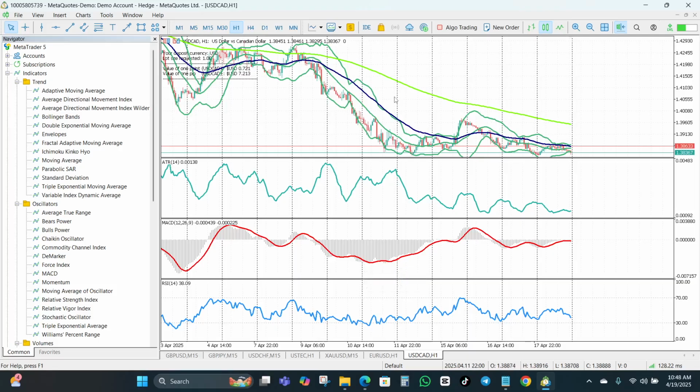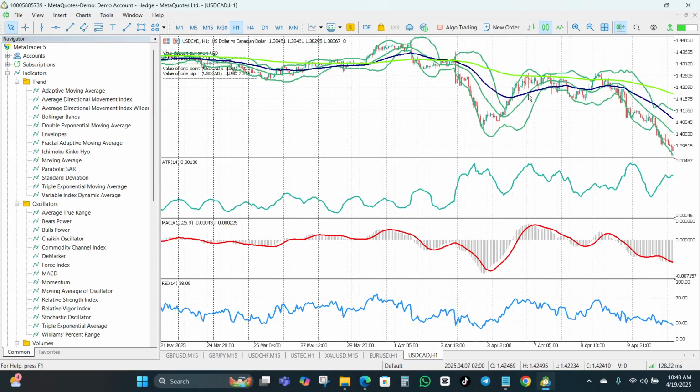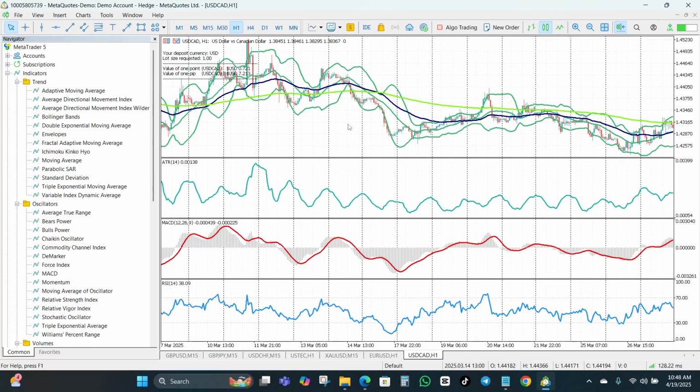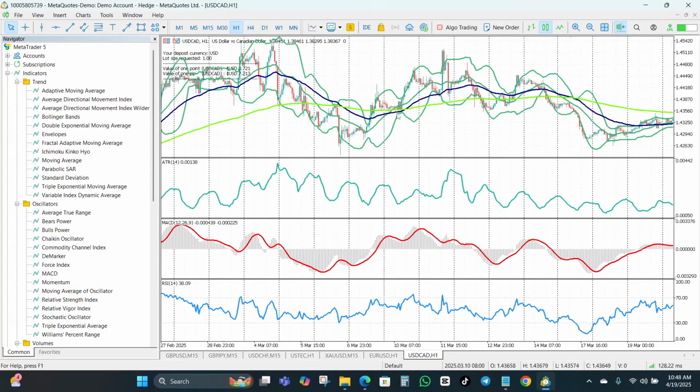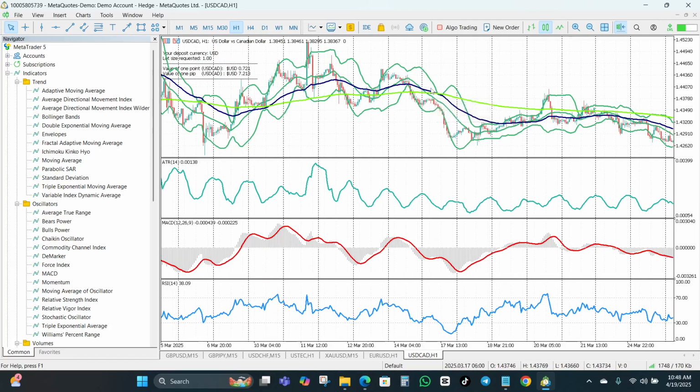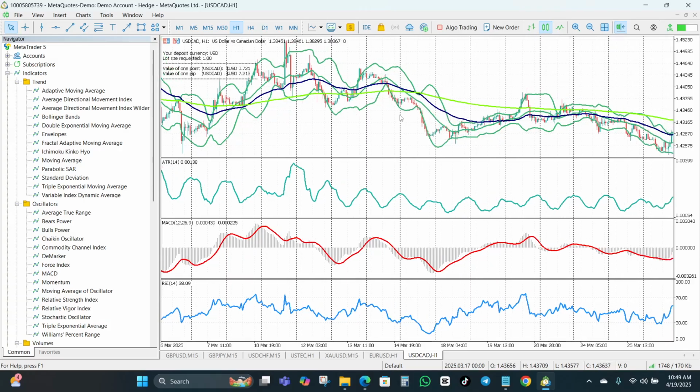When the shorter EMA, which is going to be the 50 in this case, crosses above the longer EMA, which is going to be the 200, it shows a bullish signal that there is a potential upward trend. And then when the 50 EMA, which is the shorter term moving average, crosses below the 200, which is the longer term moving average, it shows a sell signal.